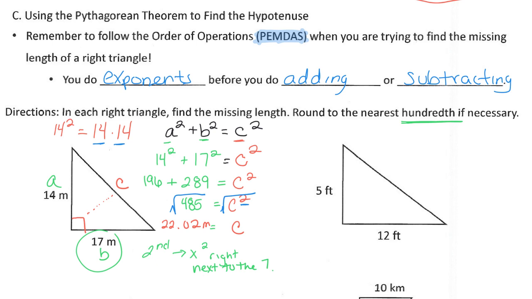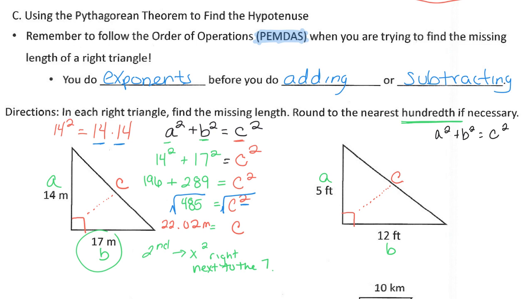So let's do another one together. I'm going to label my right angle, and this is c. Again, my a and b, it doesn't matter what order they're in. So we always write our formula first. A squared plus b squared equals c squared.